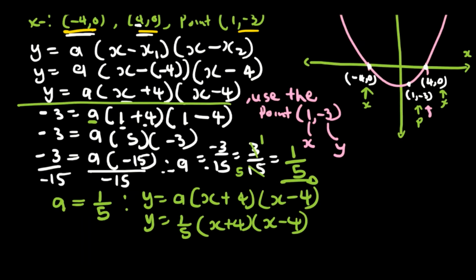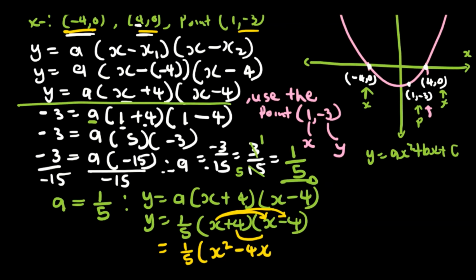Because you want to leave your equation in standard form, y equals ax squared plus bx plus c, you need to find the product of this factorized form. Multiply the x with the x to get x squared, then x times -4 is minus 4x, then 4 times x is plus 4x, and 4 times -4 is -16.